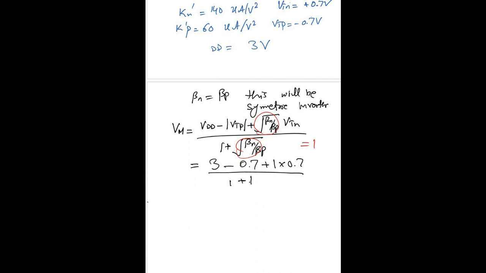If we solve this expression, this 0.7 and this 0.7 cancel each other out, and we are left with 3 by 2. We can say that Vm is equal to VDD by 2, which is equal to 1.5 volts. So we can say that this will be a symmetric inverter.